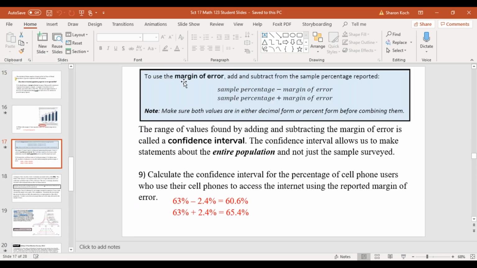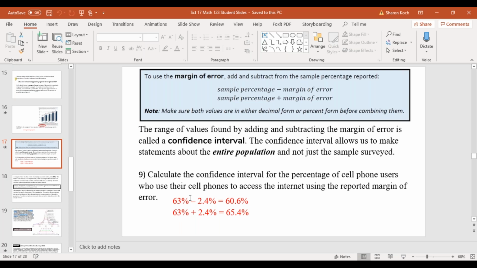When we apply the margin of error, like the 2.4% listed there, we either add or subtract it from the sample percentage. When we add and subtract that number, we come up with what is referred to as the confidence interval.